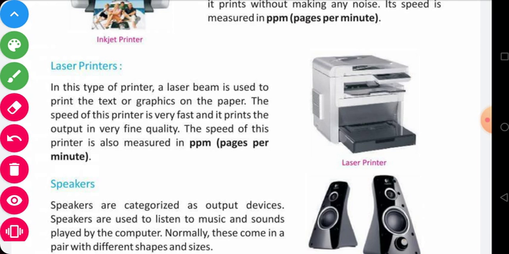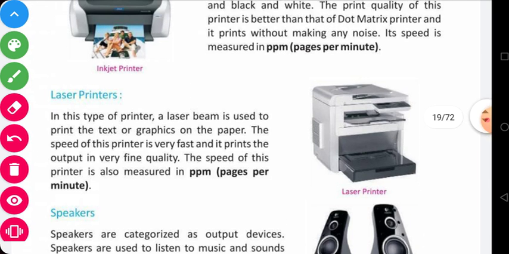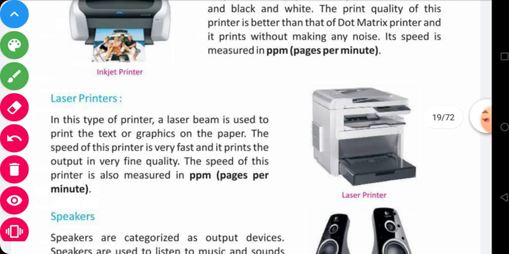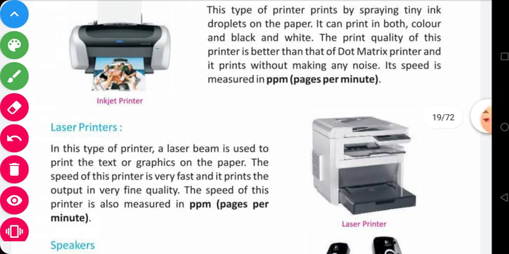Now we are going to see the main differences between the inkjet printer and the laser printer. In an inkjet printer we use spray ink, whereas in a laser printer we use a laser to print any text or image.